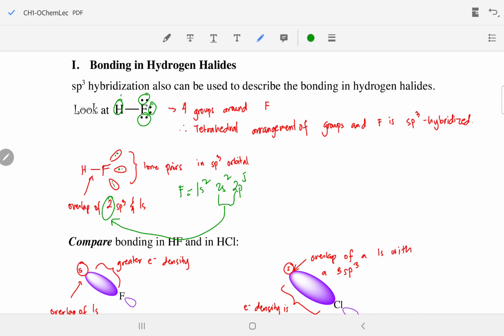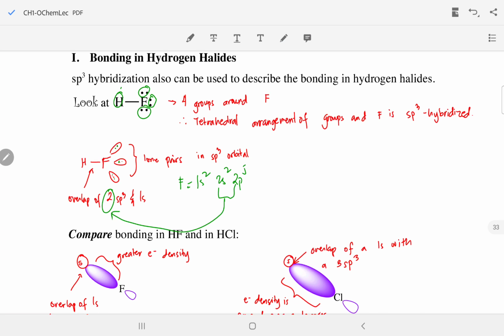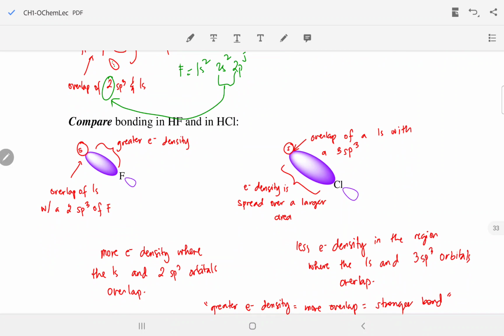Okay, so if we compare the bonding between HF and HCl, there is actually a difference, because in HF it is the overlap of the 2sp3 of F and the 1s of the hydrogen.